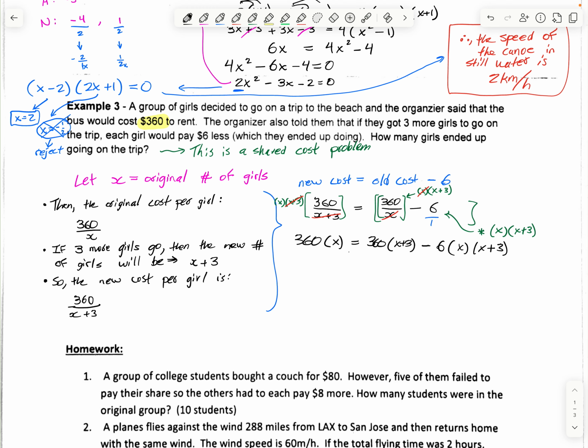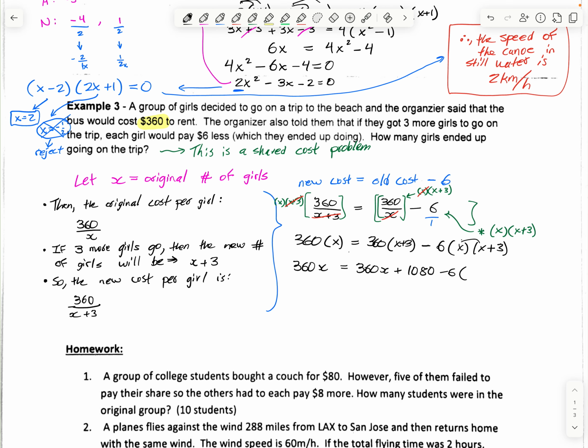And now I'm going to expand this, right? So I'm going to write 360x is equal to 360x plus that one is going to be 360 times 3 is going to be 1080 minus 6, and I'll put bracket here.